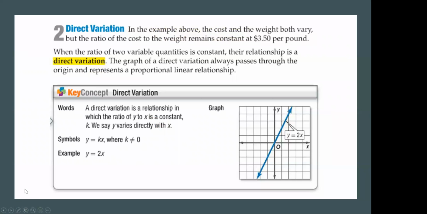Then it talks about direct variation. Direct variation is a relationship in which the ratio of y to x is a constant, which we call k, and we say y varies directly with x. So here, very important, this little equation here, y equals kx.